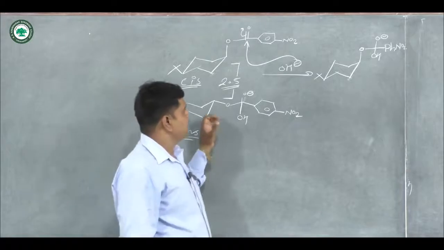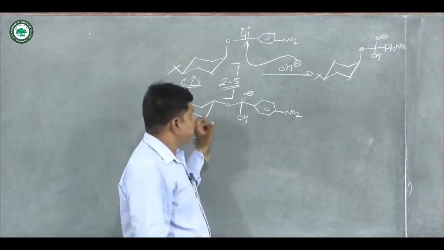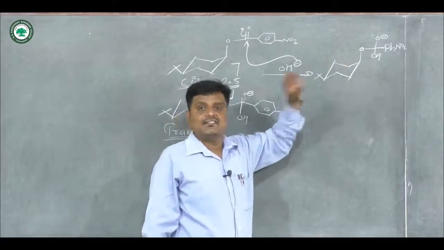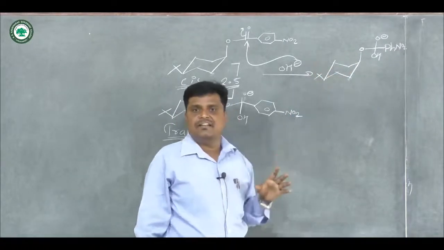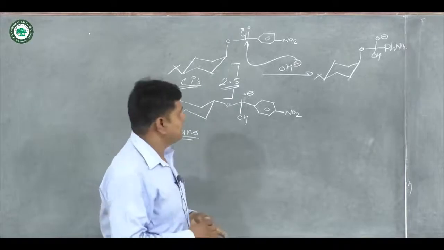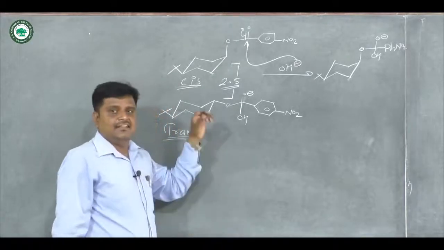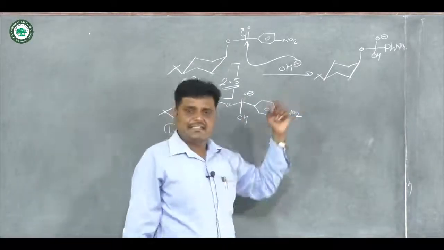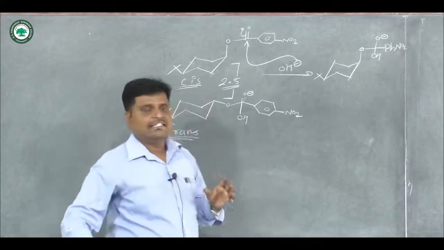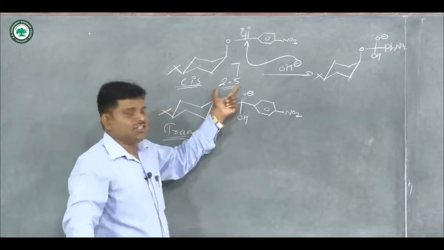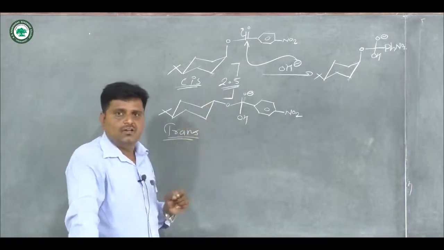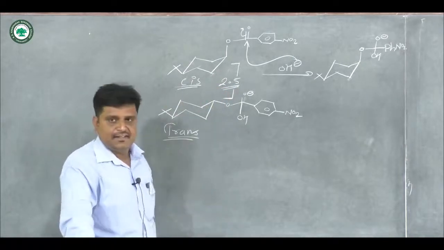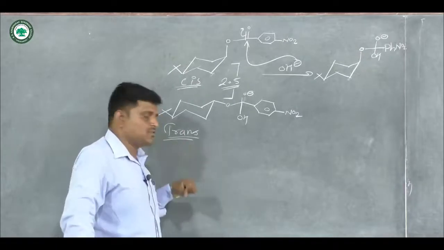So the rates of the cis and trans isomers don't differ much; the cis isomer is only 2.5 times faster than the trans.